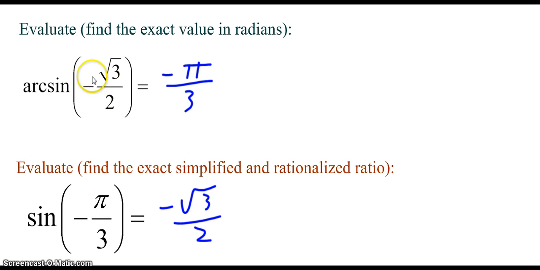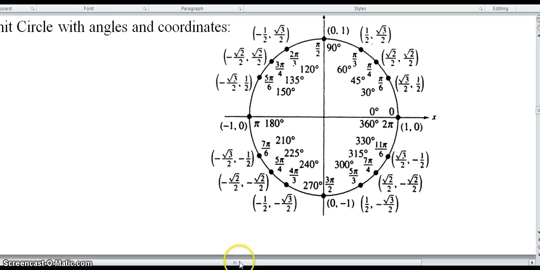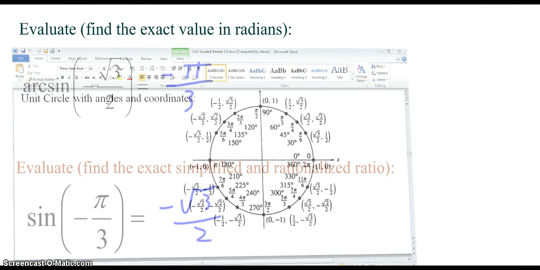Okay, so remember, this is saying at what angle does sine equal negative root 3 over 2, but within the range of the arc sine function. So if I look at my unit circle, that's going to be looking on the right half of the circle, whereas the y value, negative root 3 over 2, that's at 5 pi thirds. 5 pi thirds is not within the range of the arc sine function, but negative pi thirds, which is a coterminal angle of 5 pi thirds, is.